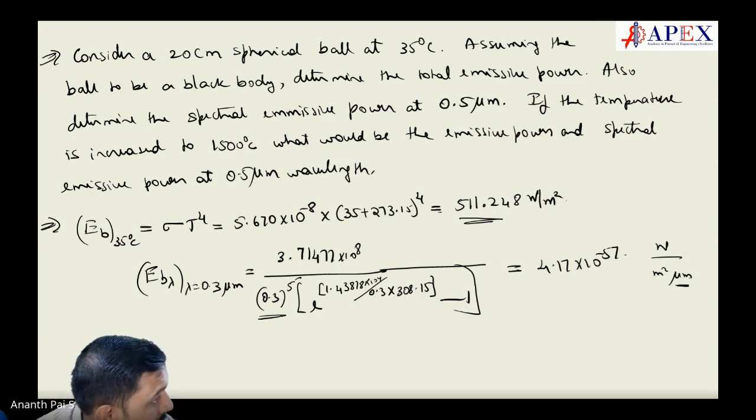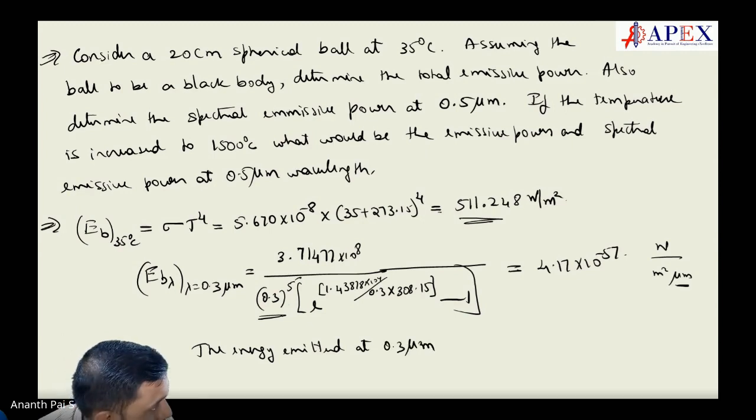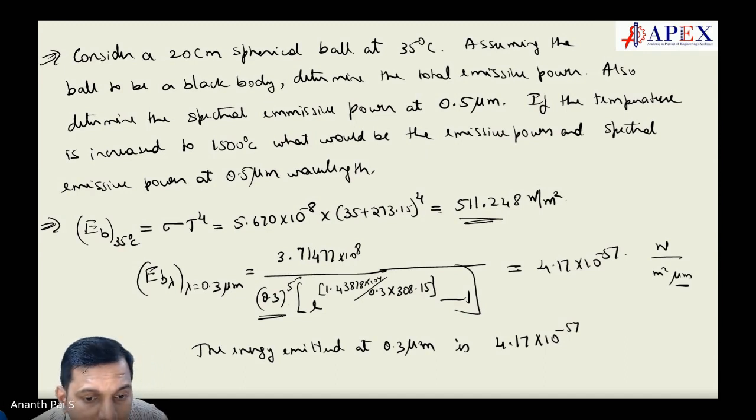so out of this, per meter cube, how much energy is emitted at this particular one? So the energy emitted at 0.3 micrometer is 4.17 into 10 power minus 57. 0.3 micrometer, no, 0.5.